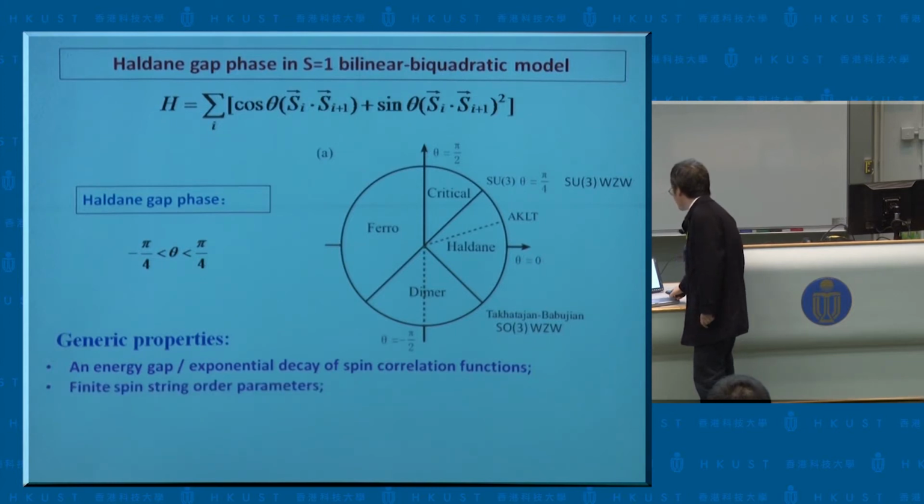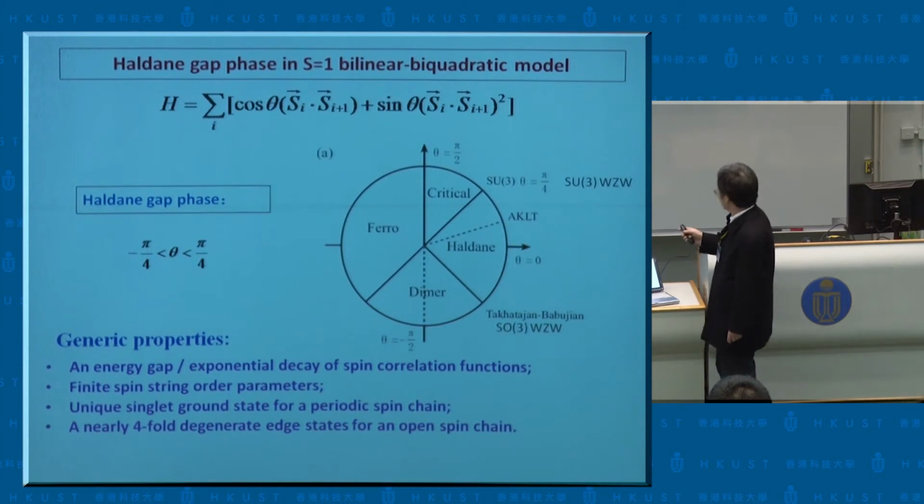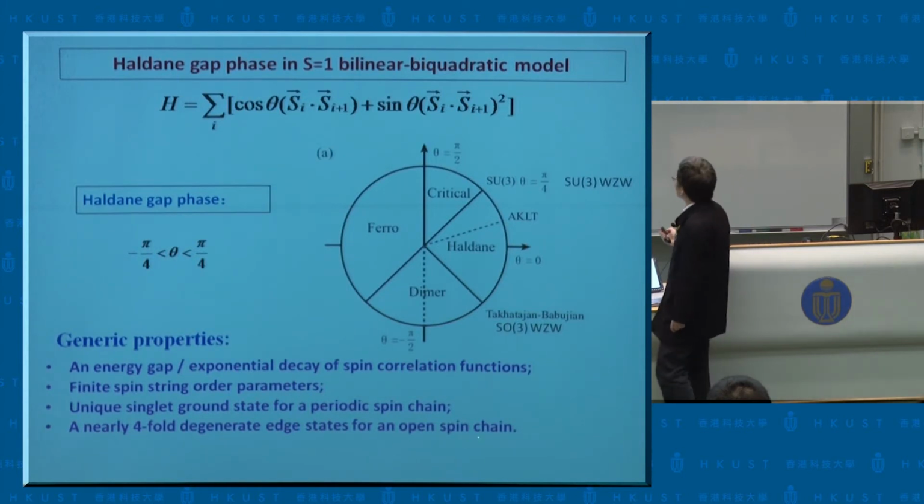That is, the finite gap in the spin excitation, the finite spin string order parameter, and the unique ground state for the periodic spin chain, and nearly fourfold degenerate for the open spin chain.